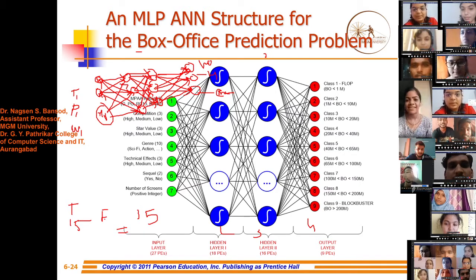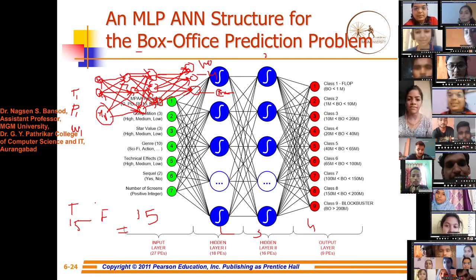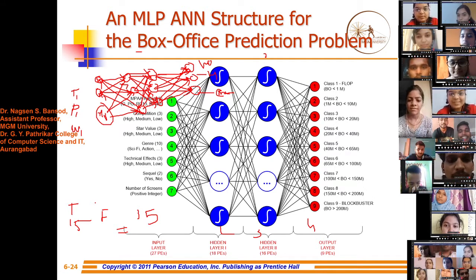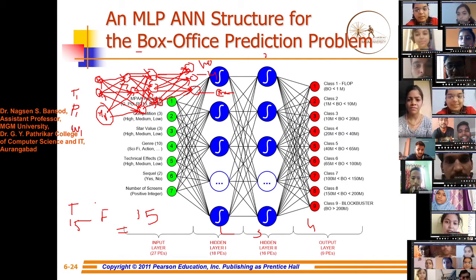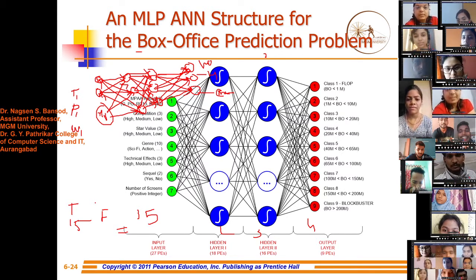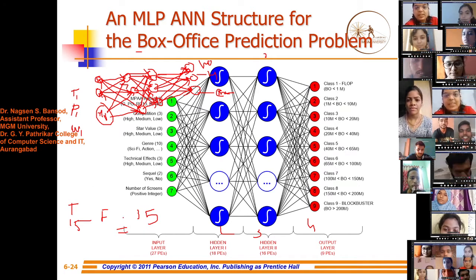Suppose we want to sell our cars. Suppose we are the manager in a car sale showroom, and we want to sell maximum cars this month. Then how will we sell? We have to provide a discount, which will be the hidden layer. How much discount do we have to give?